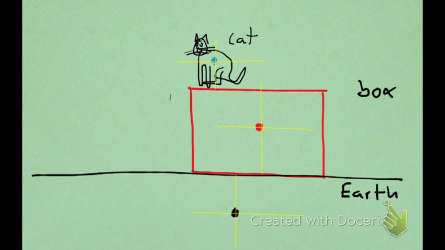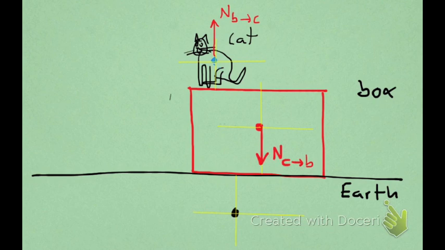The cat is in contact with the box, therefore there must be a force that the box is putting on the cat. This force I'm going to call N_B on C, meaning the normal force that the box puts on the cat. This is the force that is going to prevent the cat from dropping through the box.